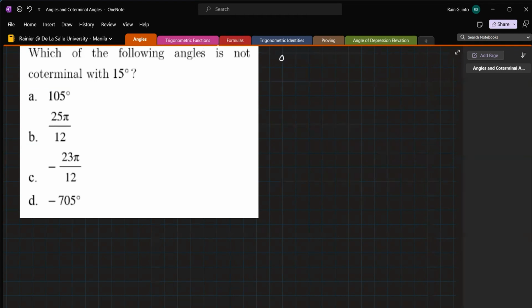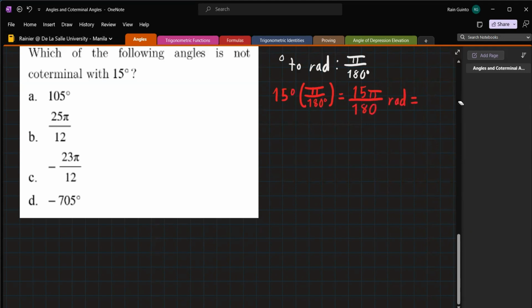In converting degrees to rad, we use a conversion factor of pi over 180 degrees. So that's what we're going to do. Now we have 15 degrees times pi over 180 degrees. This gives us 15 pi rad over 180. However, we can notice that we can actually simplify this.